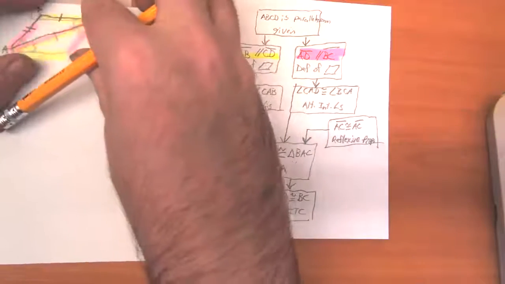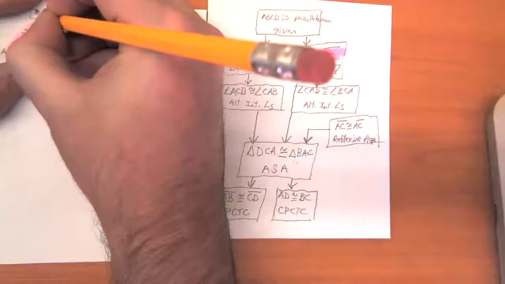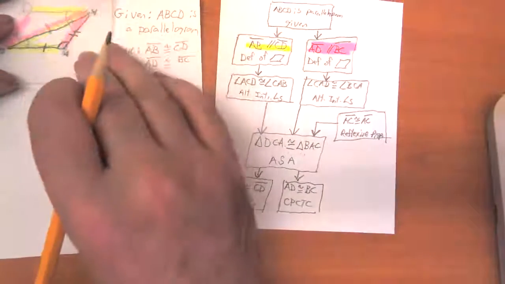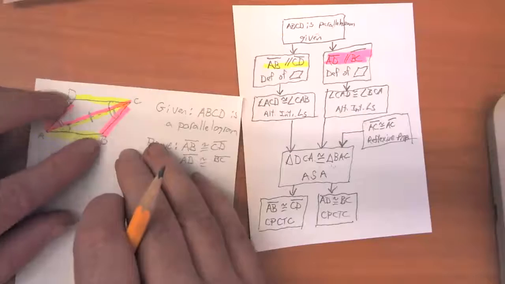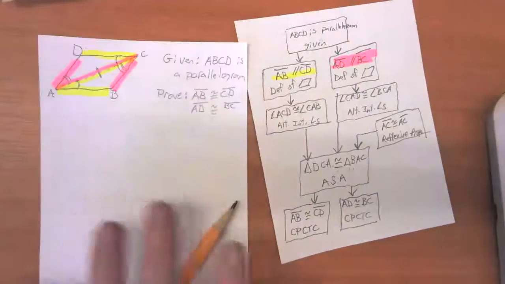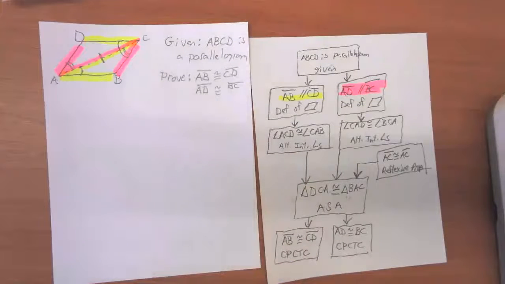Notice how we could also use this to say that angle D is congruent to angle B, because once again, those are corresponding parts. And that was one of the things that we wanted to prove, but honestly, I want to do that in a separate video. We'll take care of the angles in a different way, just talking about parallel lines instead of talking about triangles. So that was, let's see, 1, 2, 3, 4, 5, 6, 7, 8, 9.